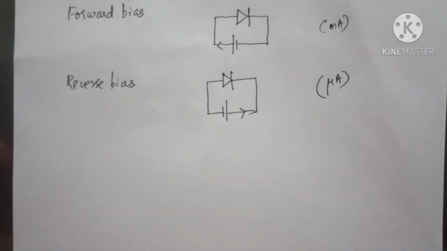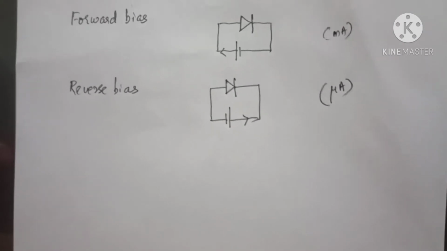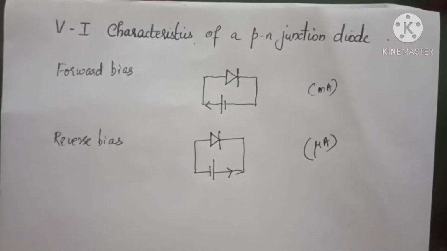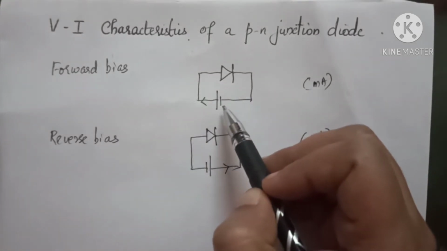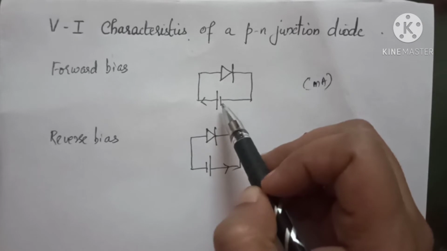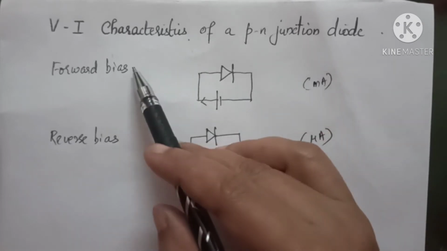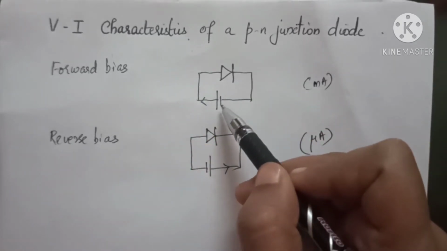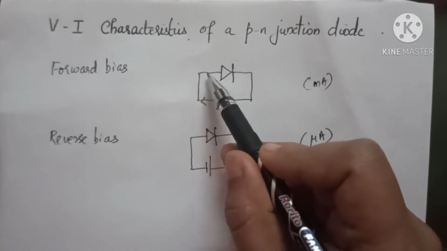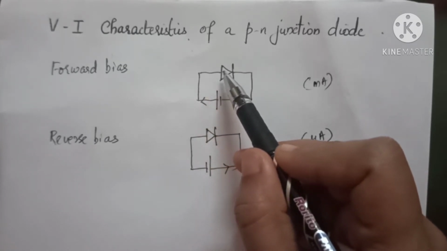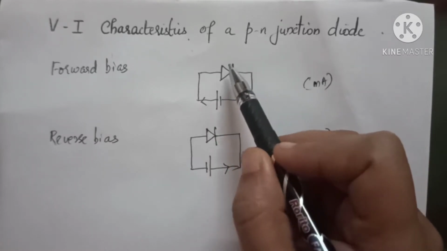Now, what do you mean by VI characteristics? You have studied the VI graph in Ohm's law, isn't it? So what is the VI characteristics of a PN junction diode? Here we are supplying a voltage with the help of a battery. In the case of forward bias, the voltage from the battery produces a current in the diode.